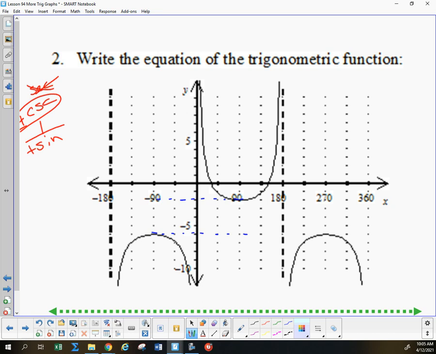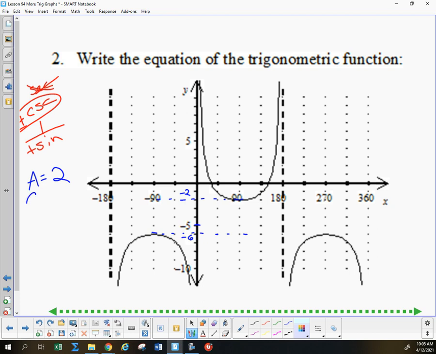And my center line halfway in between. So let's see, if this is -5 right here, that means each tick mark is 1. So the max for the sine would have been -2, and the min would have been -6. How far apart are those? 4. So the amplitude has to be 2.